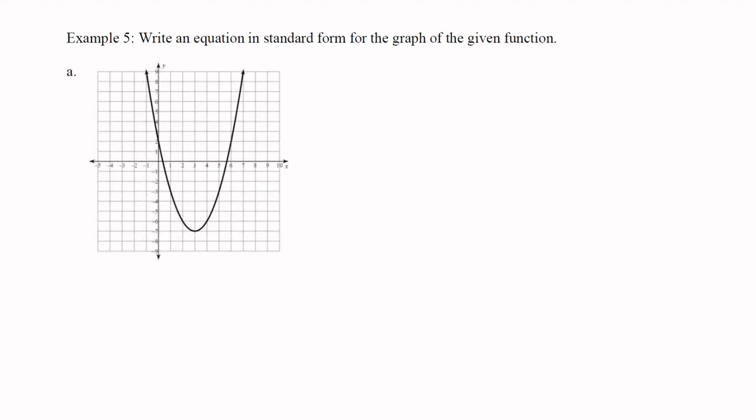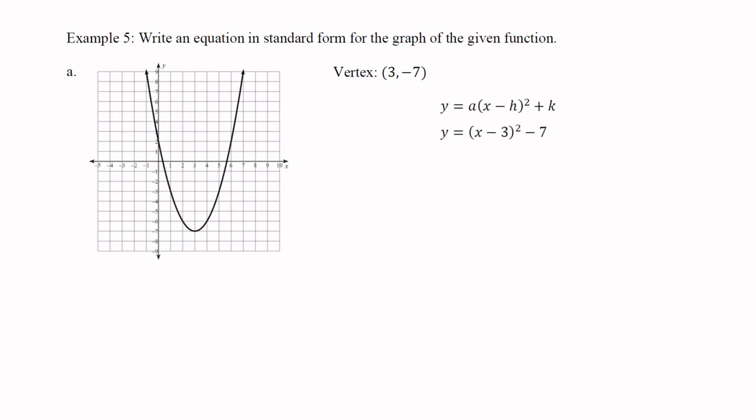Now, this can be rather helpful when you are given a graph and you need standard form, because we can pick out features on a graph fairly easily for either vertex or intercept form. So here, obviously, intercept form not really going to work for us because the x-intercepts are not easy to read, but our vertex is certainly easy to read. So let's use our vertex, 3, -7, and let's put that into our equation.